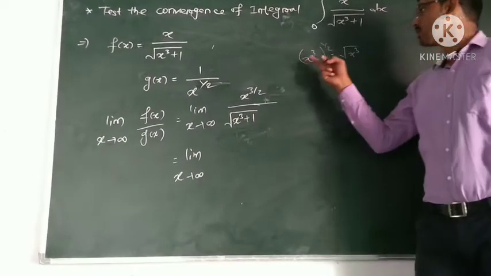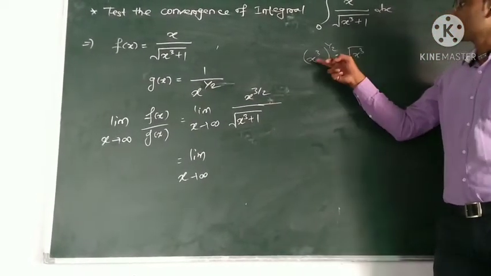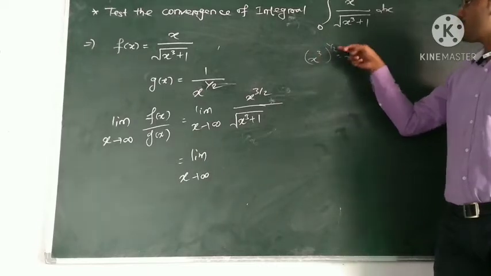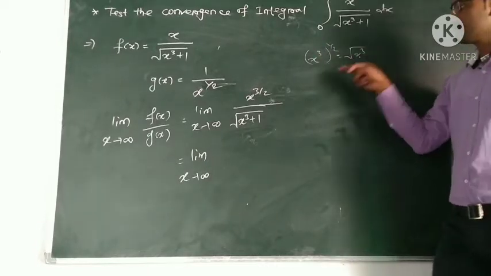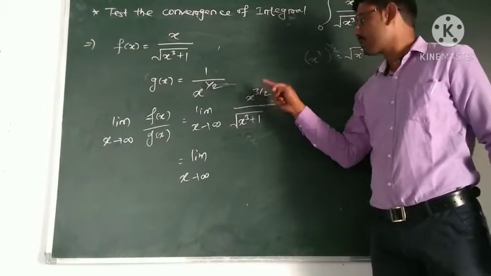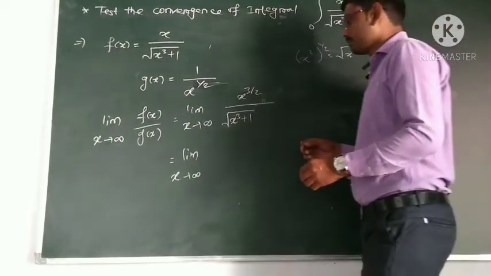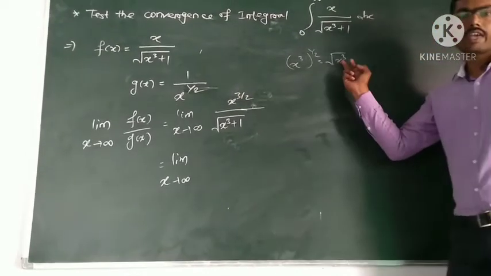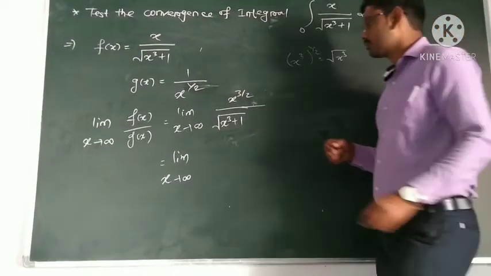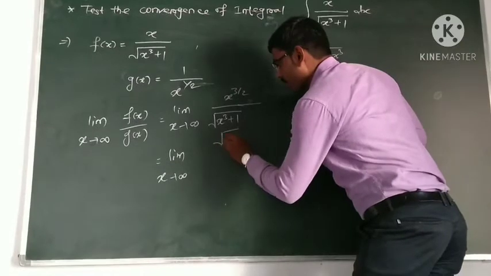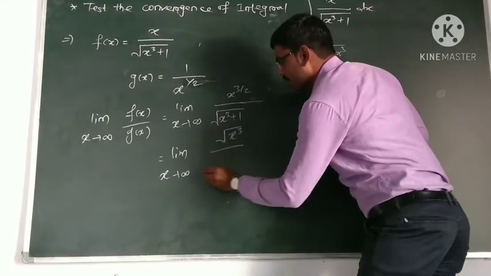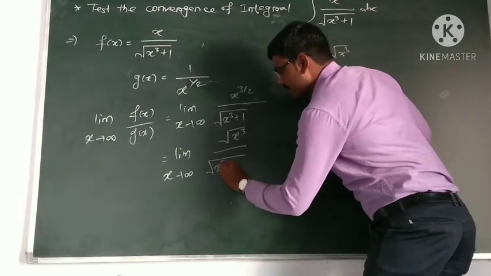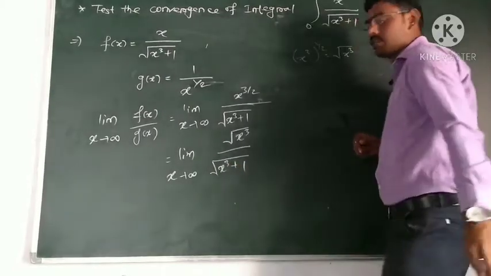So x cube raised to power 1 by 2 is square root of x cube. Okay. We will write this as square root of x cube upon square root of x cube plus 1.